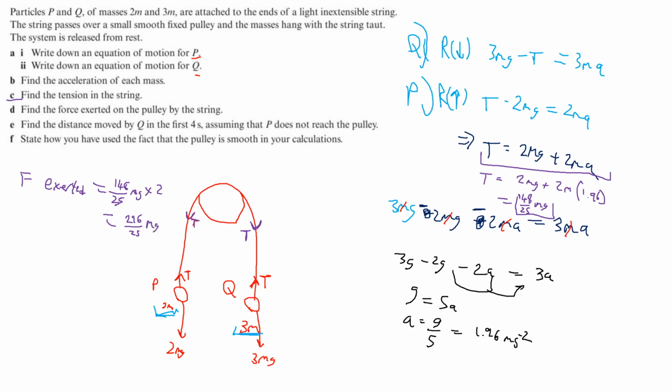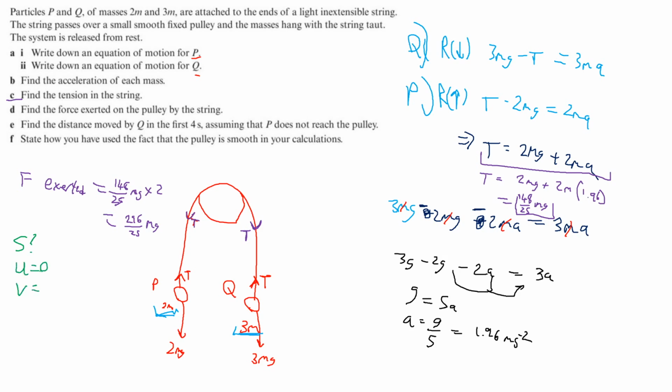Now, how are we going to find the distance moved by Q in the first 4 seconds? Well, what we need to do now is use SUVAT. The whole point of this topic is we're linking everything together. We know that s is what we're trying to work out. u is 0.